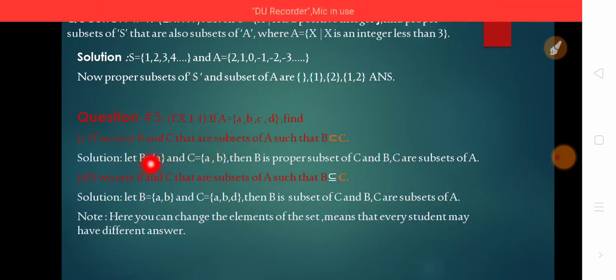So B is a subset of A, C is a subset of A. Okay.